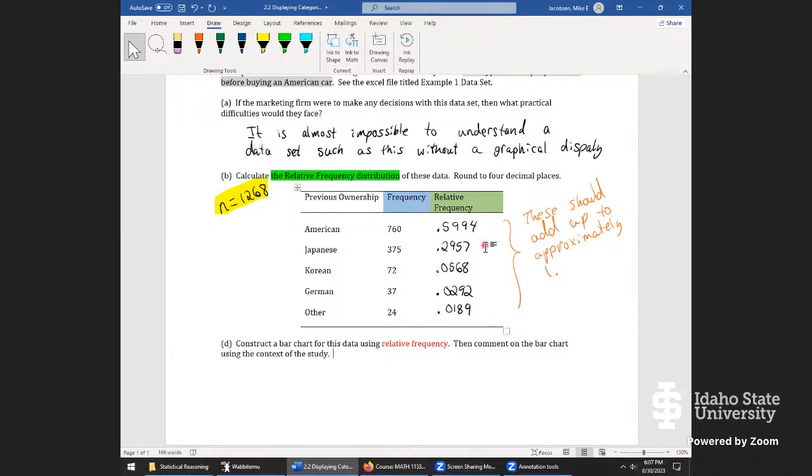Okay, so next we're at German cars. And 0.0292, about a height of 0.03. Probably pretty hard to even see it on the chalkboard. So just a tiny little blip there. So there's my next one. And last, other, the catch-all category.